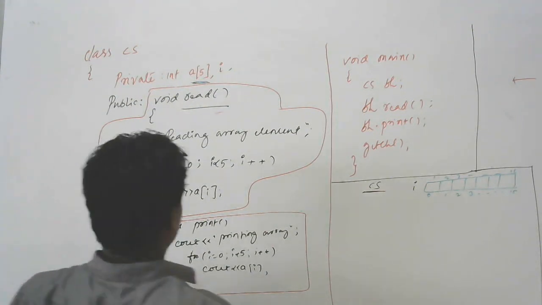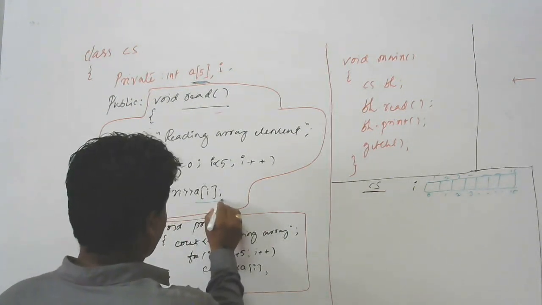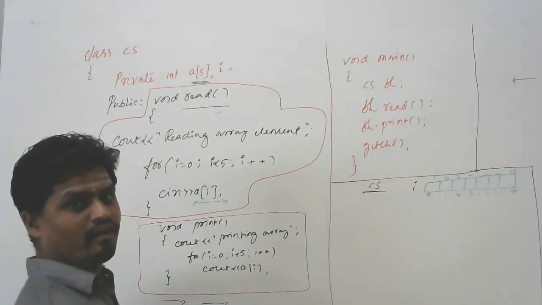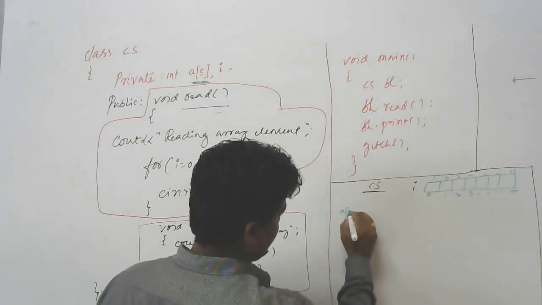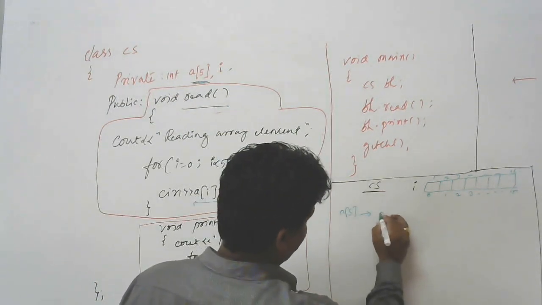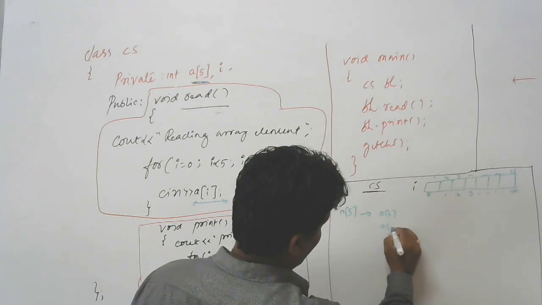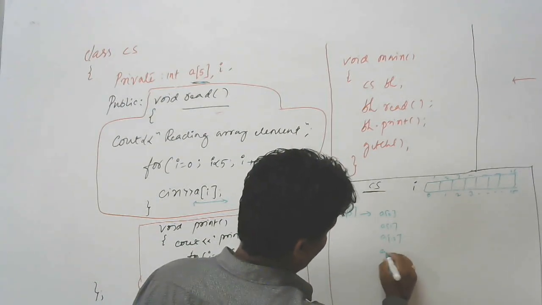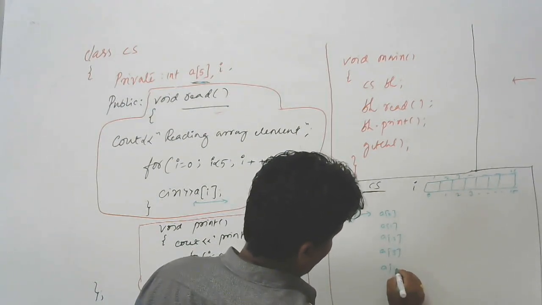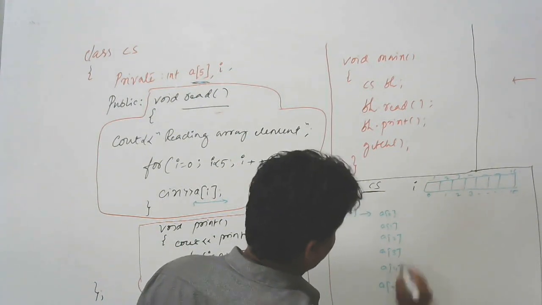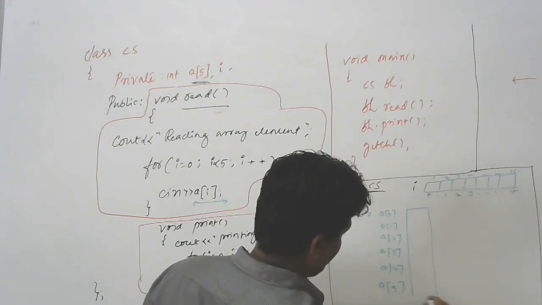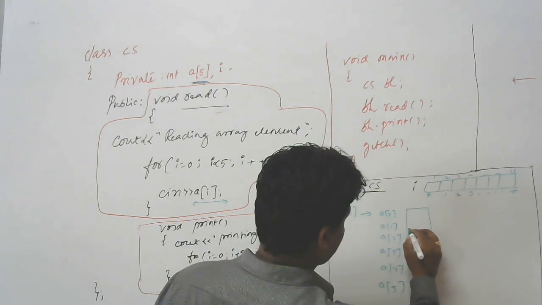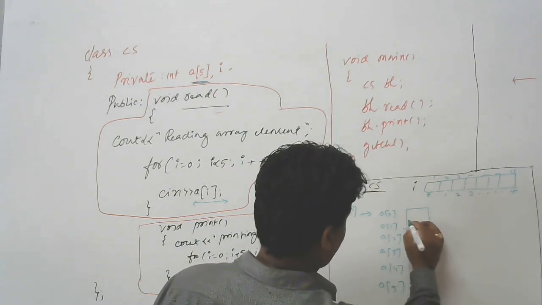Then another variable. When the compiler comes here, a of 5, the compiler will create a of 0, a of 1, a of 2, a of 3, a of 4. This is how the compiler will create the memory block.